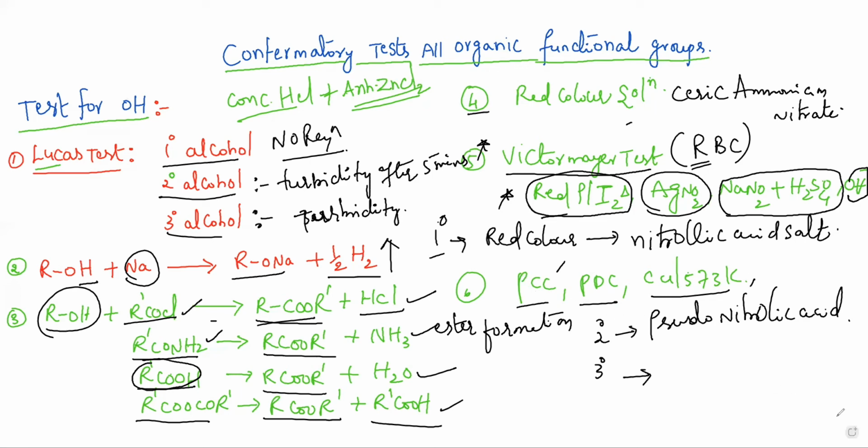We'll discuss here. See here, primary alcohols, when they react with PDC or PCC or Cu at 573 kelvins.